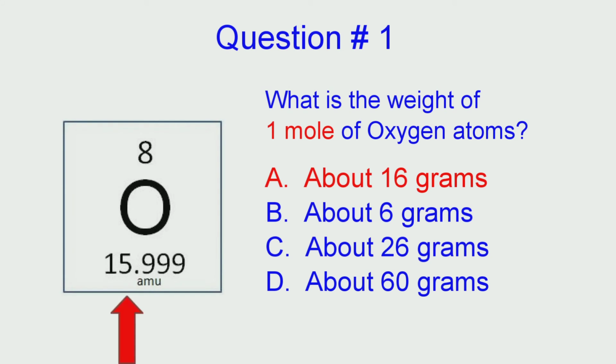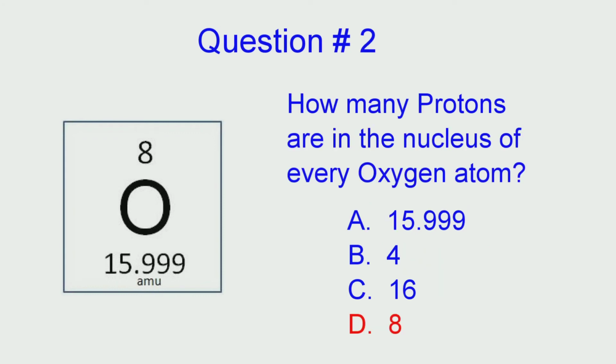The atomic mass unit number, stated in grams, tells you the weight of 1 mole of the element. The atomic number tells you how many protons are in the nucleus of every atom of that element.